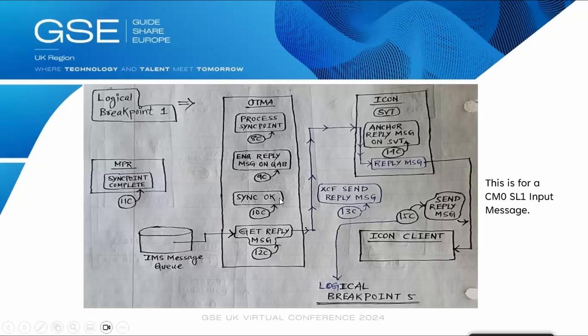Okay, I see. So when you mentioned two-phase commit in some of your presentation, you were talking about the IMS Connect two-phase commit, not that one. Yes, and that's where I was also getting confused.